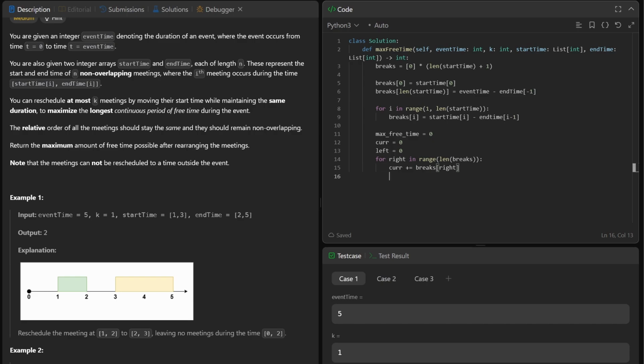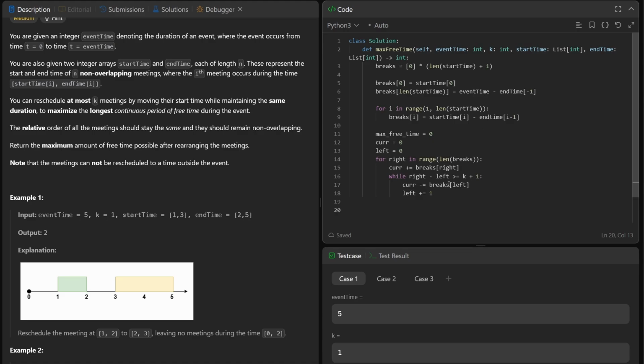The way we can do that is, if you remember, we're allowed to combine at most k plus 1 gaps or breaks. So it'll be while right minus left is greater than or equal to k plus 1, our window is now broken. And we'll reduce the leftmost break and slide it forward. That's the window sliding action here.